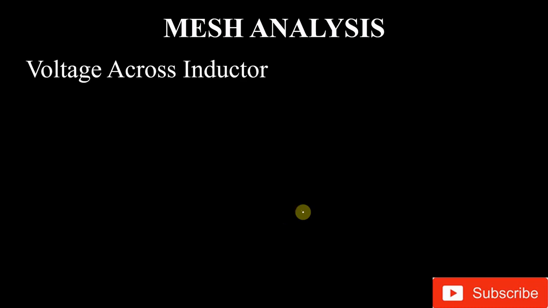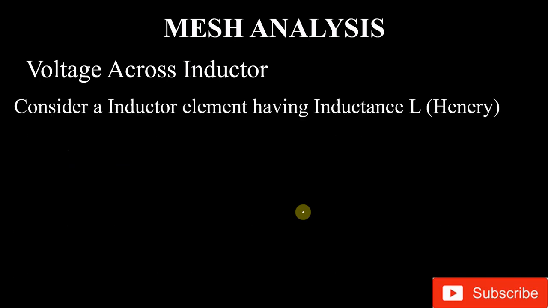Now second, we will find the voltage across an inductor. For that I am considering an inductor element having inductance L, and the inductance is measured in Henry. So Henry is the unit of inductance. First I will consider the inductor. An inductor is nothing but a coil.